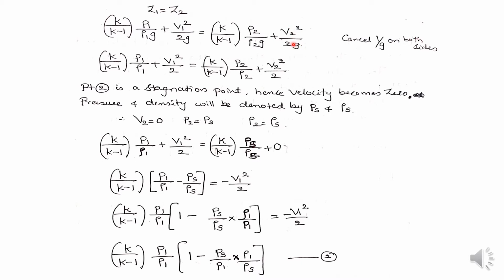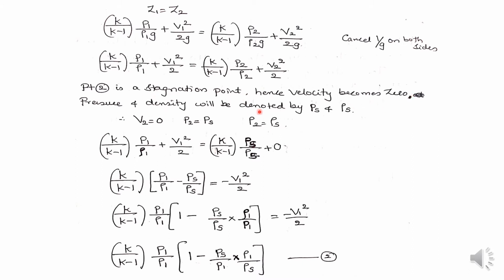Cancelling 1 divided by g on both sides, it means dividing the whole equation by g, I get the expression in this form: K divided by K minus 1, P1 divided by rho 1, plus V1 square divided by 2, equals K divided by K minus 1, P2 divided by rho 2, plus V2 square divided by 2. Here point 2 is the stagnation point, where the velocity becomes 0.